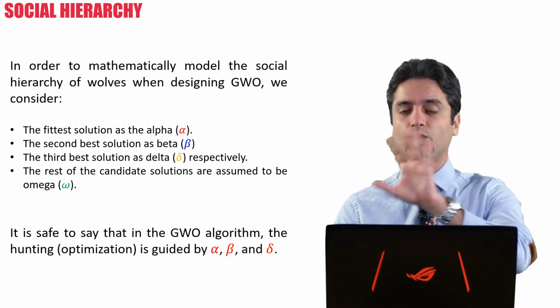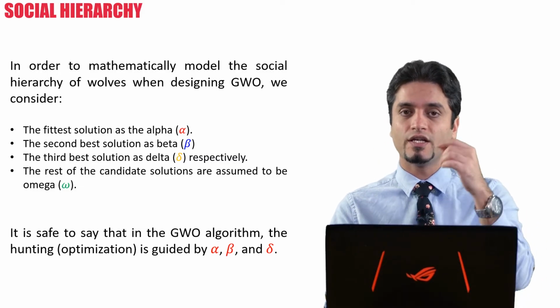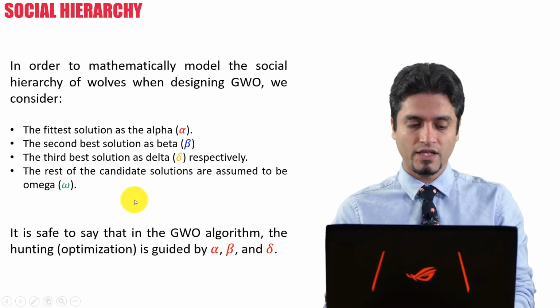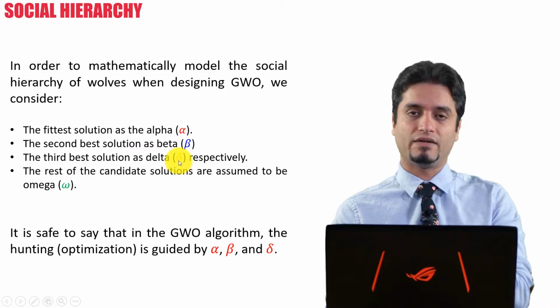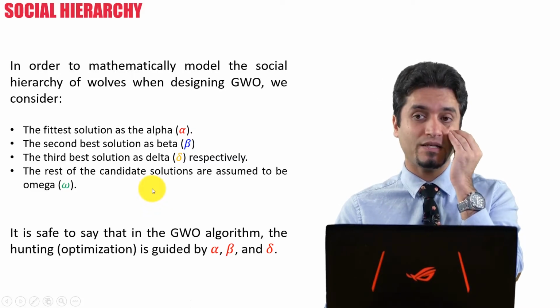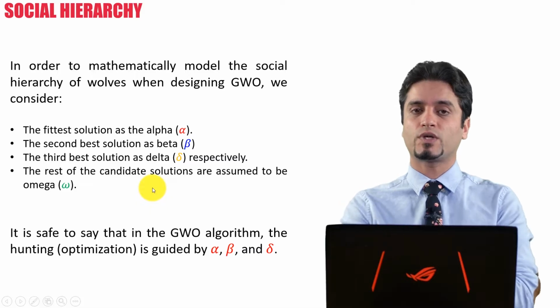So whenever you're searching in the gray wolf optimizer, the best solution that you found so far is considered to be the alpha. The second best solution, beta. The third best solution is delta, and everything else is omega. And we have to make the assumption again, as I said, because we don't know where the best solution is in real world problems, right?